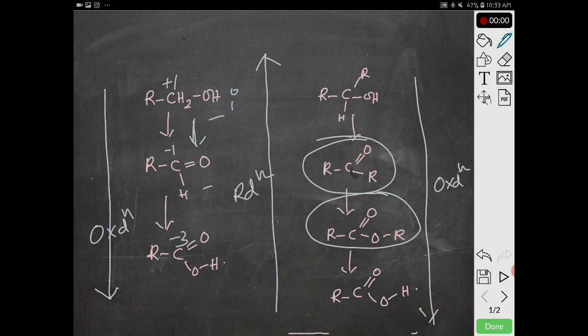The aldehyde and ketone could be converted to ester, carboxylic acid, and even amide. These are the typical oxidation reactions, and the reverse reactions, carboxylic acid to aldehyde or ketone, and aldehyde or ketone to alcohol, are what we call reduction reactions.